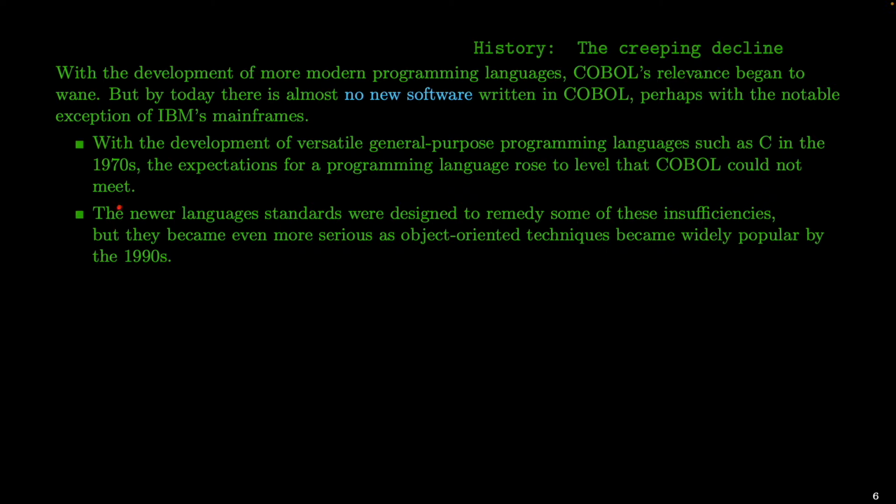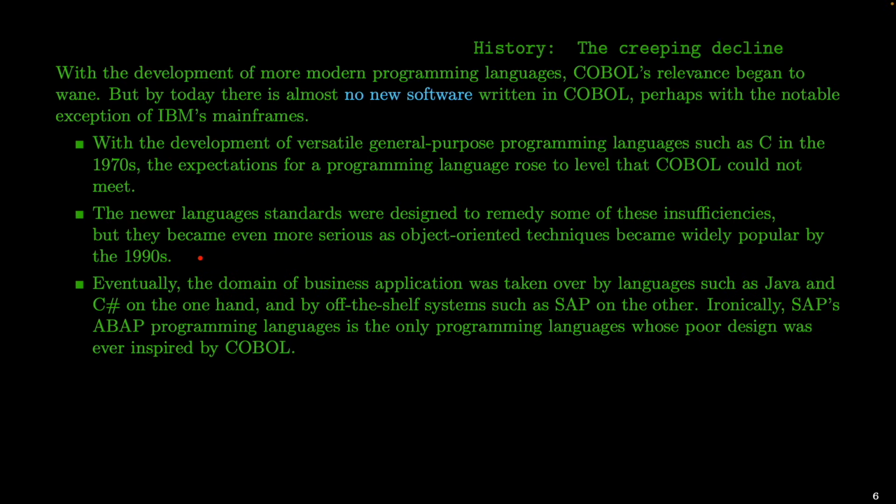Now, the newer language standards that introduced additional programming language features could remedy some of these shortcomings of COBOL, but it became ever more serious once object-oriented techniques became widely popular by the 1990s, and nowadays object-oriented programming is standard.